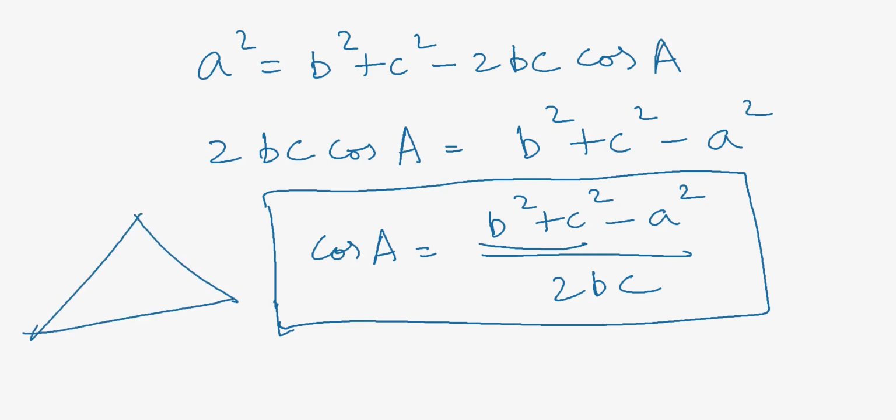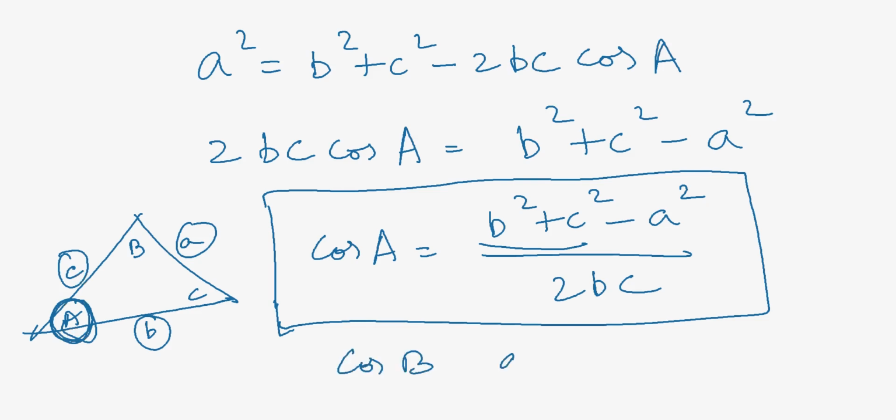If the triangle has angles A, B, C, with opposite sides lowercase a, b, c, and you are looking for the cos of angle A, then take the other two sides, b squared plus c squared, take away a squared, divided by twice bc. Similarly, we can write cos B and also cos C. Are you okay?